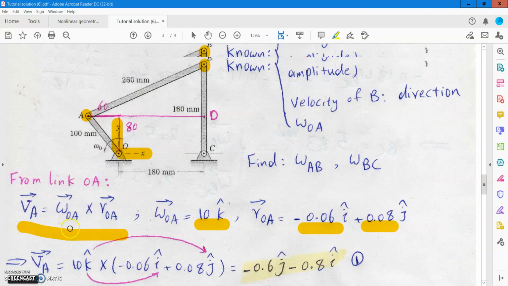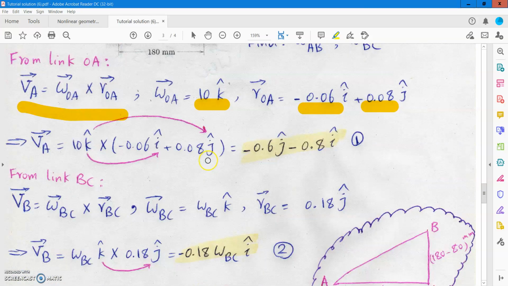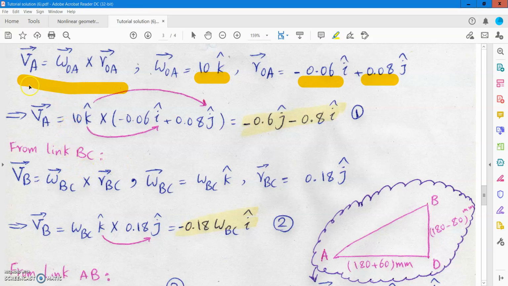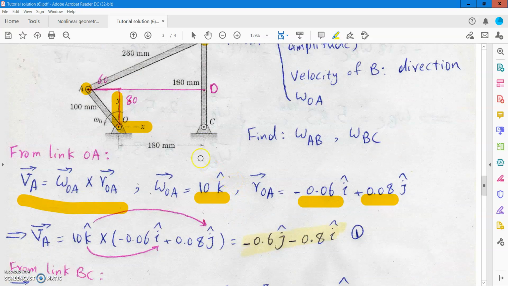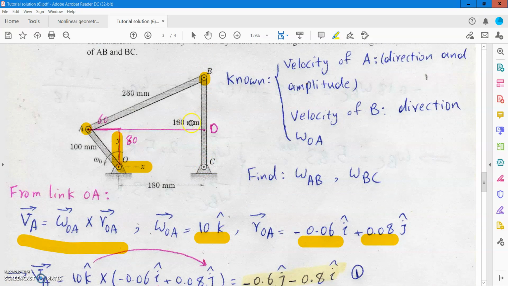The velocity of B, if you look at link BC, has a pure rotational motion, so similar to the velocity of A, it is equal to omega BC cross RBC. RBC at this moment is 0.18 J, because the length of link BC is 0.18, or 180 millimeter.